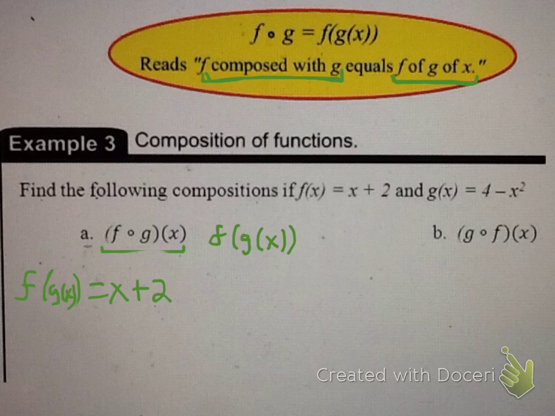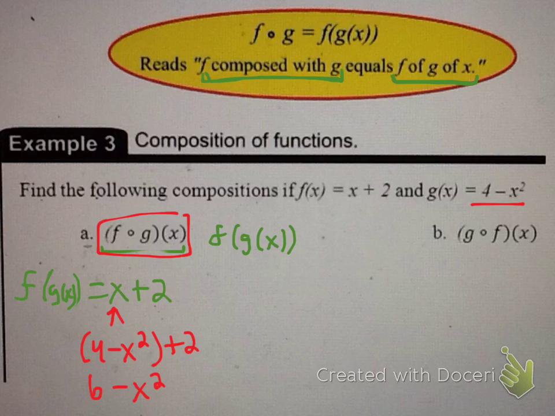And so g of x is 4 minus x squared. So this would go into there. And so now I just simplify. 4 and 2 becomes 6 minus x squared. So f o g of x, or f of g of x, or f composed with g, equals 6 minus x squared.